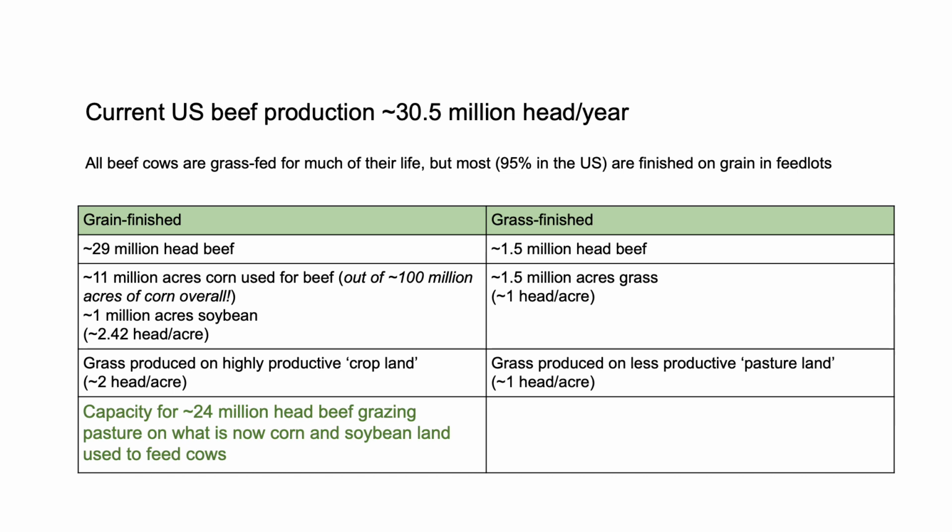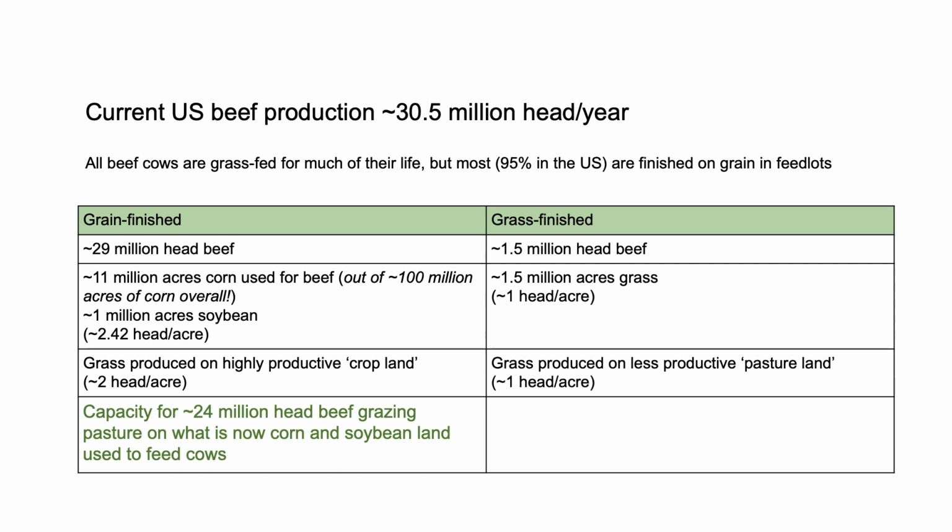But as the land gets less productive, there's less rainfall, fewer nutrients in the soil, et cetera. As you move west in the U.S., you get into situations where you can really only raise about a half of a beef cow per acre. So on average, let's just call it 1 head per acre for now.